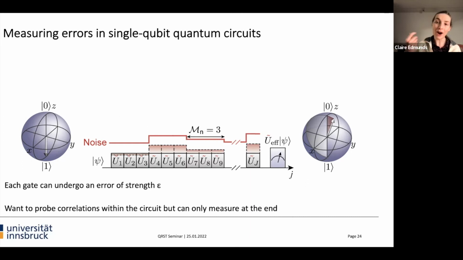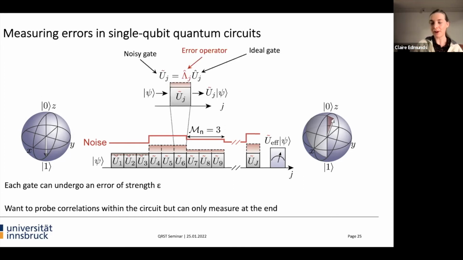That's going to tell you how related the error is at the first gate to the 100th gate in the sequence. To understand what these correlations are, we can't just probe in at every point in the sequence. Instead, we want to just use the final projective measurement to somehow extract that correlation length. It turns out this is possible. You have to use the statistical properties of those final projective measurements.